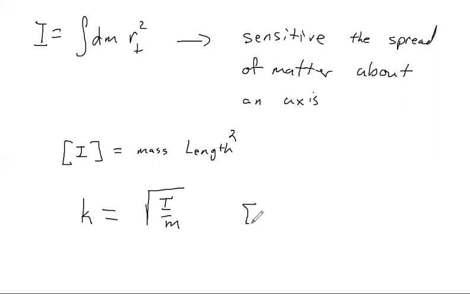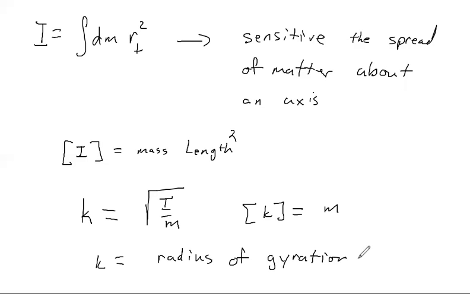So the units of k are meters, or length. In the metric system, it's meters. And k is called the radius of gyration. It measures the size of the typical distance of a typical piece of mass away from the axis of rotation. It just gives you a measure of the spread of mass.